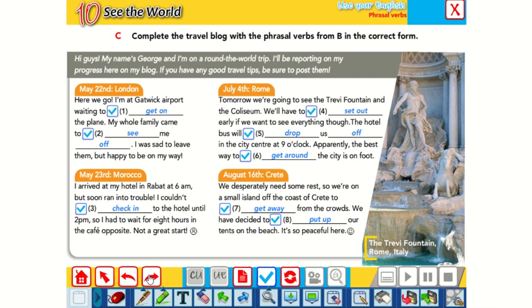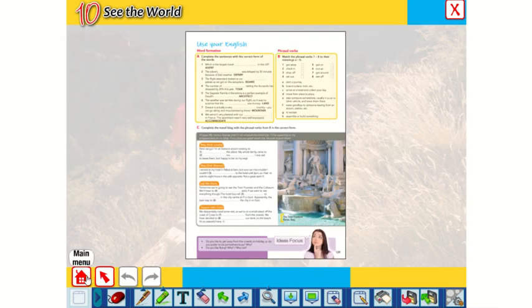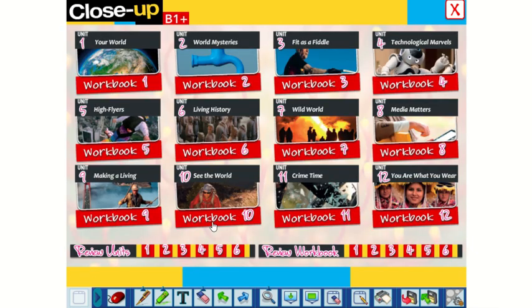Now, this is all what we have for today. Now you have to do just one exercise in your workbook, please, to practice using word formation, to know how to form the word in the sentences. So let's go to the workbook.